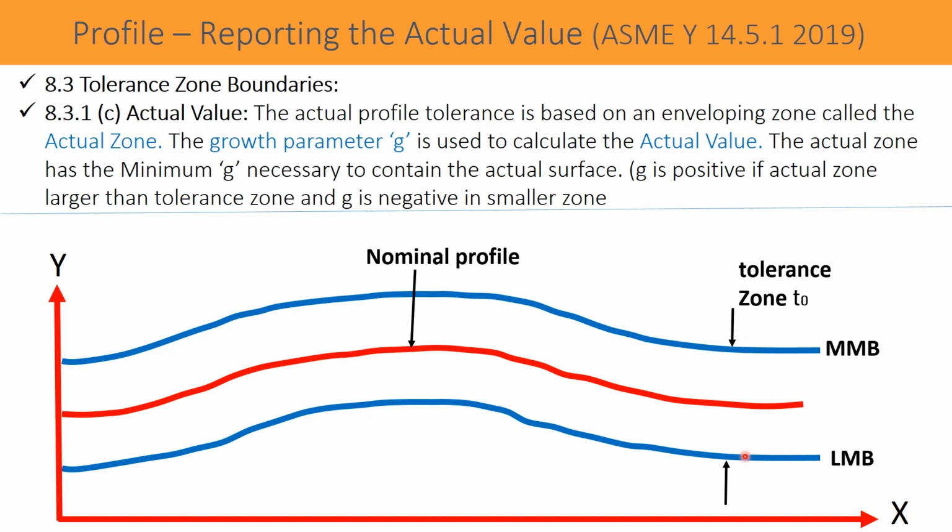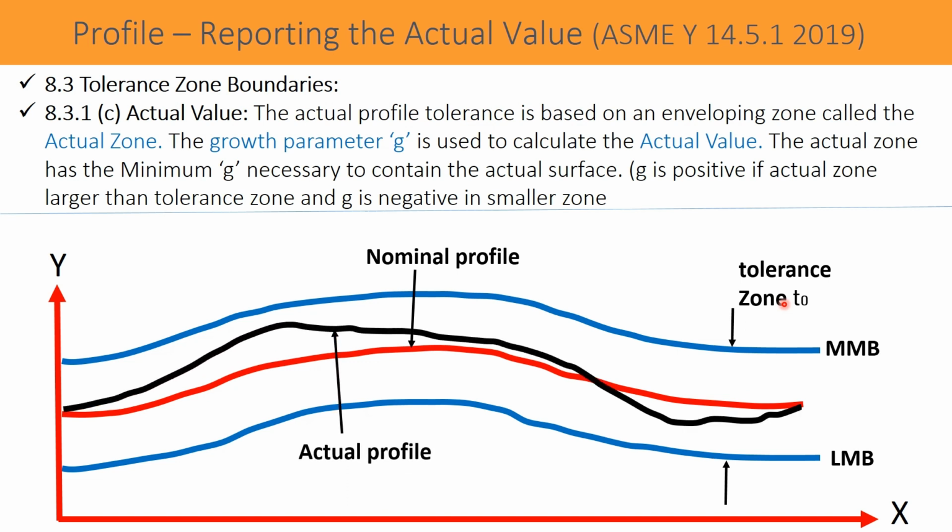Suppose this tolerance zone is shown by the value T0, and here is an actual profile, and this is the point indicated here which is the farthest, at the larger distance from the nominal value, called here an extreme point.